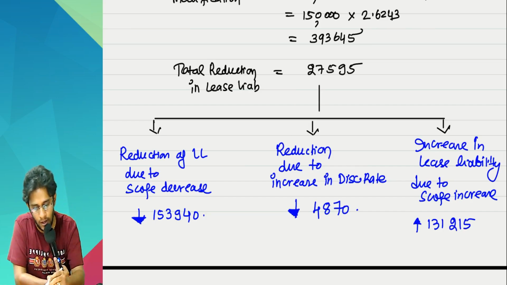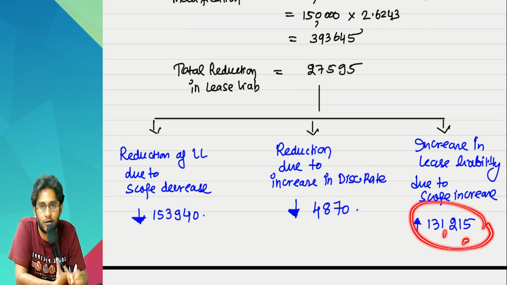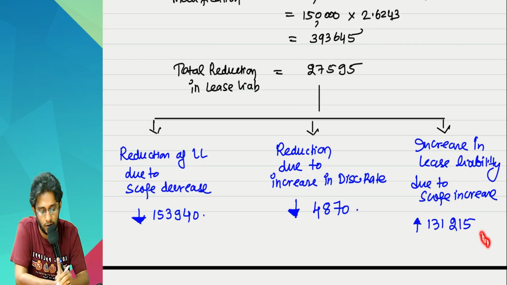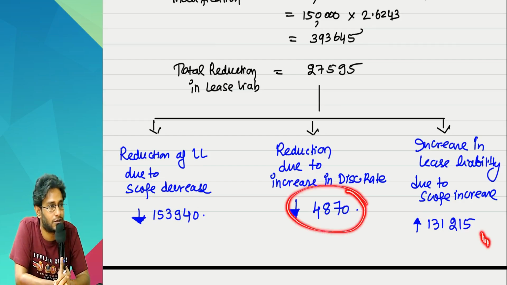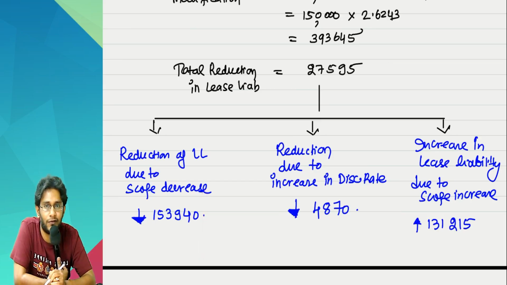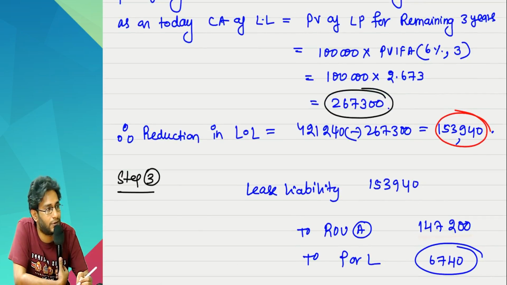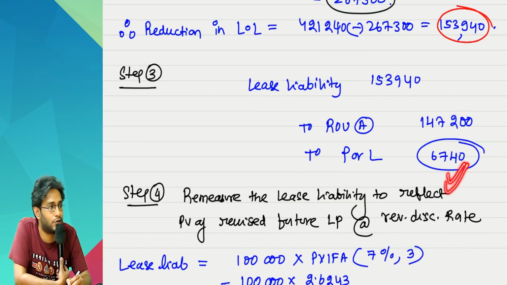Now if you go deeper, sir, this 131,215 correspondingly got adjusted in the asset also. This one did not. Liability fell down by 153,940, but the asset has fallen down only by 147,200. Therefore, a 6,740 gap went to PRL.